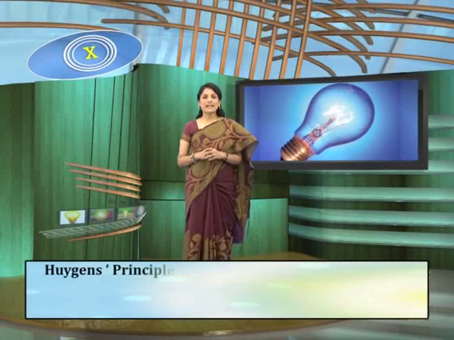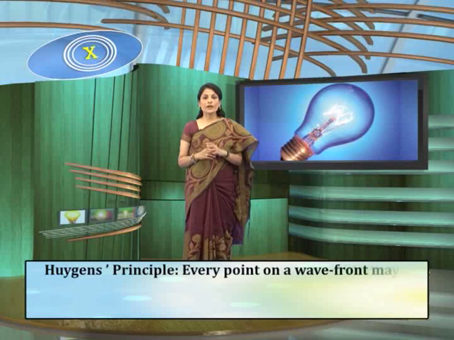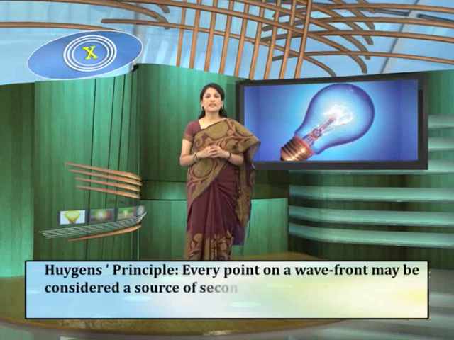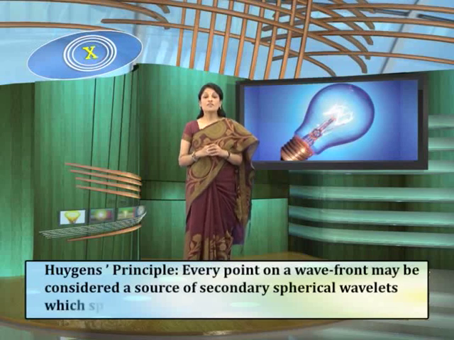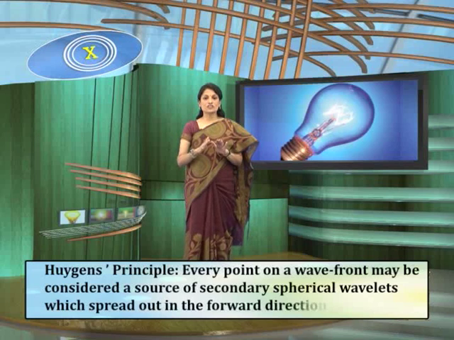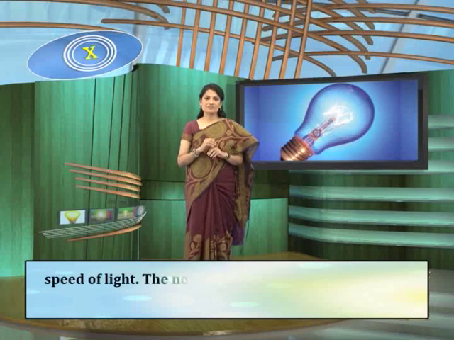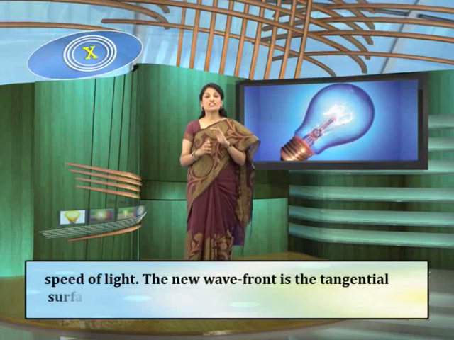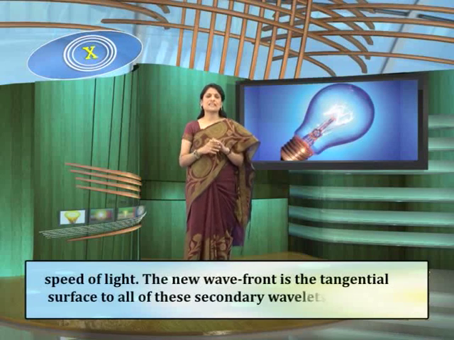Thus, we can define Huygens principle as: every point on the wavefront may be considered a source of secondary spherical wavelets which spread out in the forward direction at the speed of light. The new wavefront is the tangential surface to all of these secondary wavelets. The progress of a wavefront can be studied with the help of a geometrical construction suggested by Huygens. If the nature of a wavefront at any instant is known, its nature and position at any other later instant can be determined.